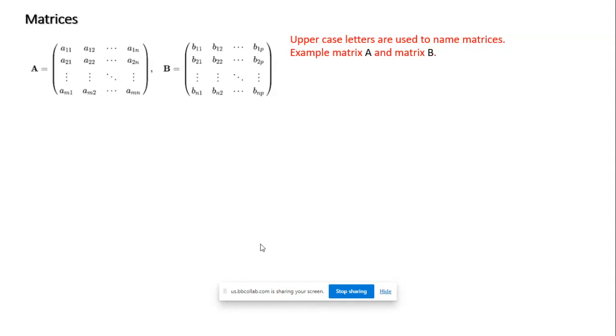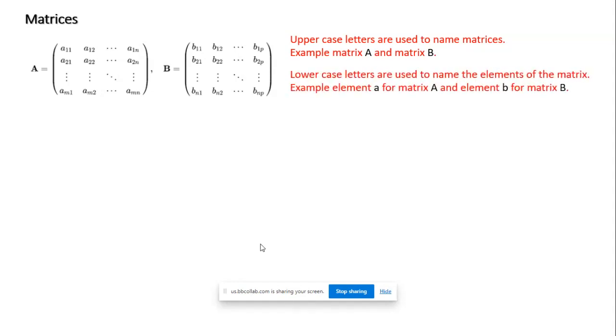By convention, especially for our class, most of our matrices we're just going to call A, B, or C, using capital letters for the names. All the values that we put inside our matrix are called the elements of the matrix, and for the elements we use lowercase letters based on the name of the matrix.